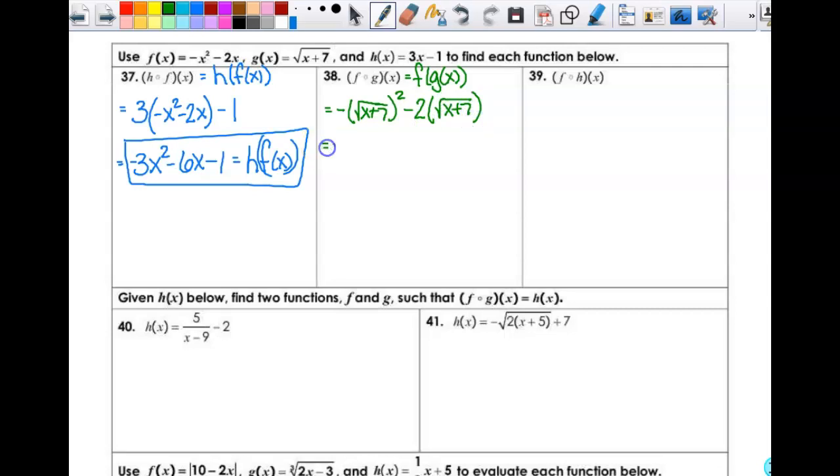Right, so when I square the square root of x plus 7, I get x plus 7. So that's negative x plus 7 minus 2, and all I can do is stick those together, square root of x plus 7. Distribute that negative, I get negative x minus 7 minus 2 times the square root of x plus 7. That is f of g of x.